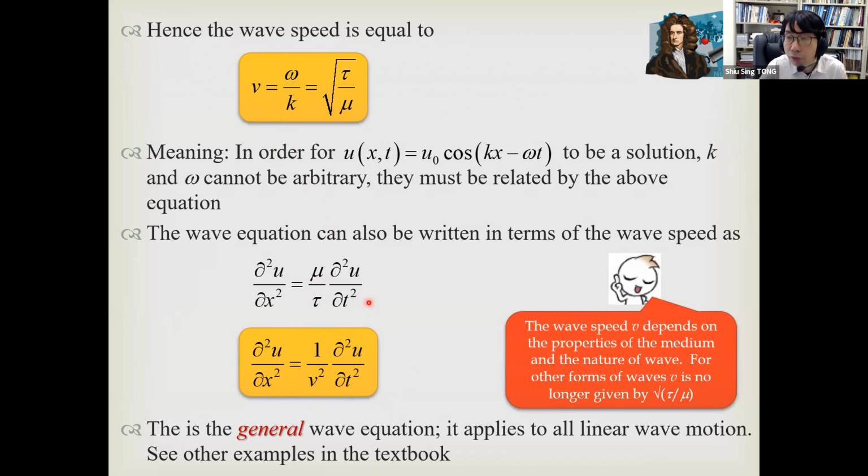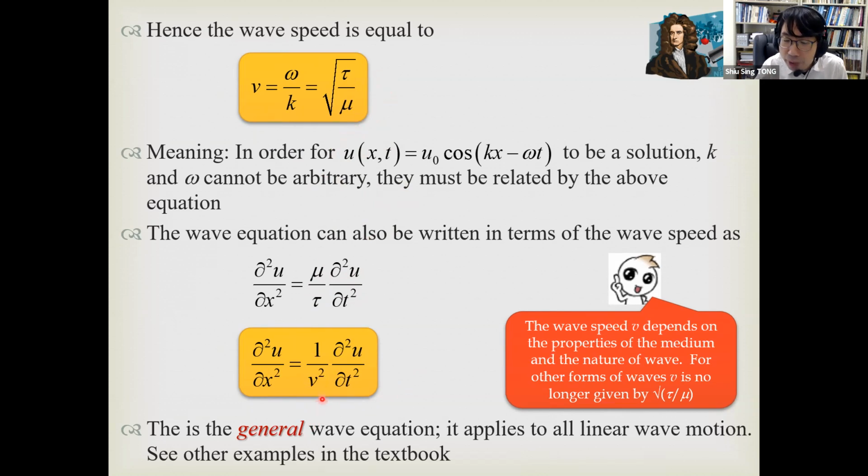Now in our discussion, we always refer to a taut string, right? That is what we assumed in our previous discussion. So tau and mu correspond to the tension and the density of the string. But now we rewrite the wave equation in terms of the general velocity.